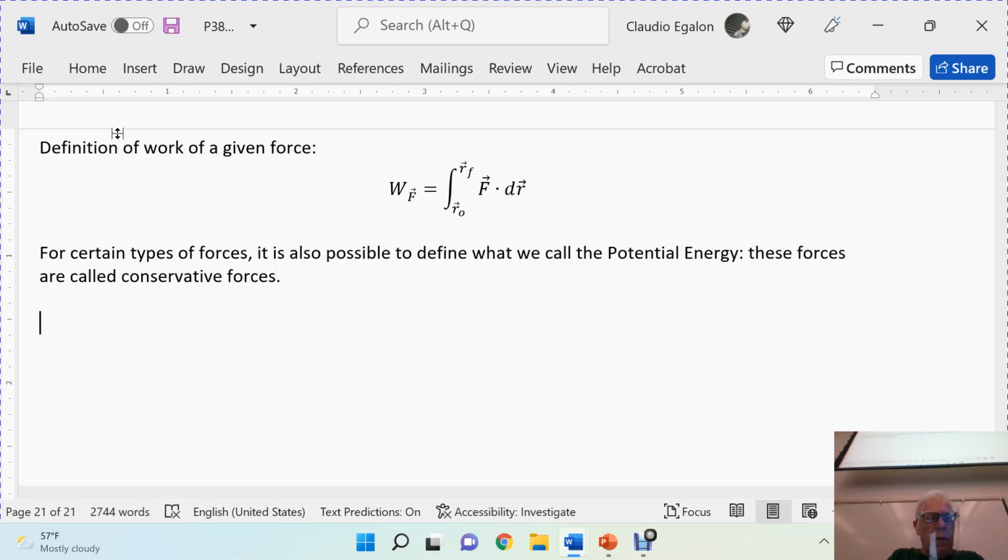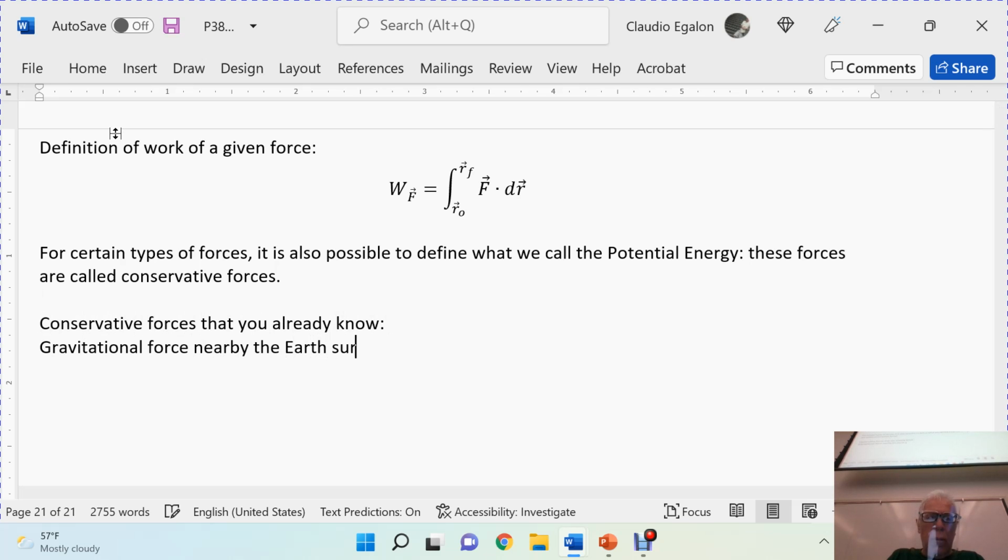The gravitational force near the surface, F equal to mg. Hooke's law, F equal to minus kx. Those are all vectors. And the gravitational force in general.